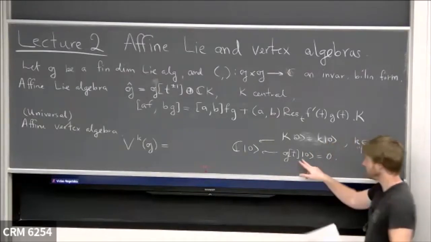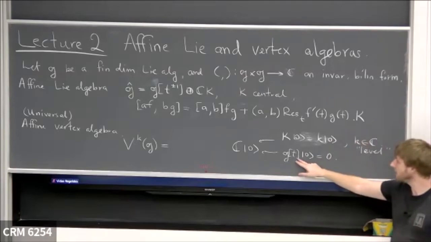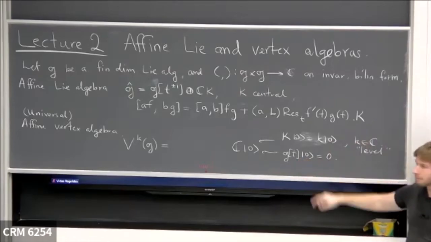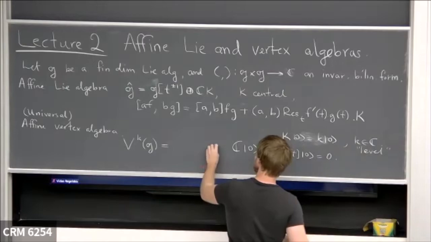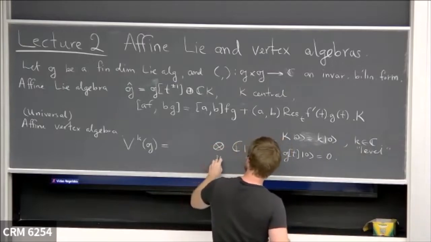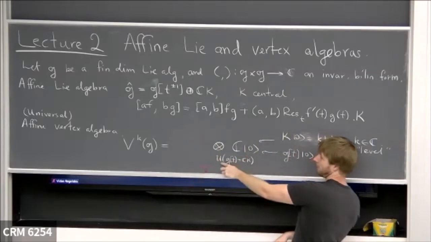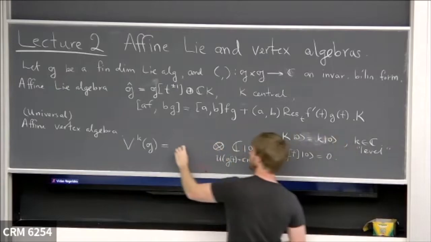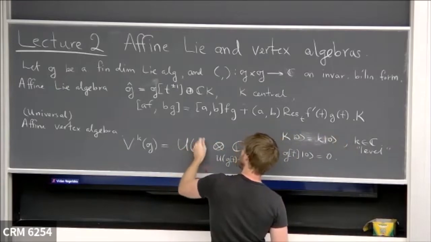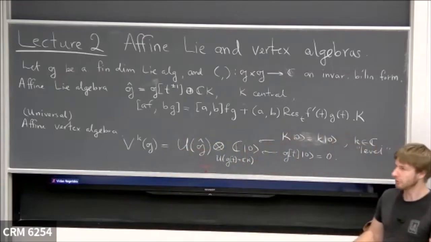And we say that regular loops annihilate this vector. So this is a module for G[T] plus CK. And then we tensor over that universal enveloping algebra with the whole universal enveloping algebra. And so there's now a G hat module.